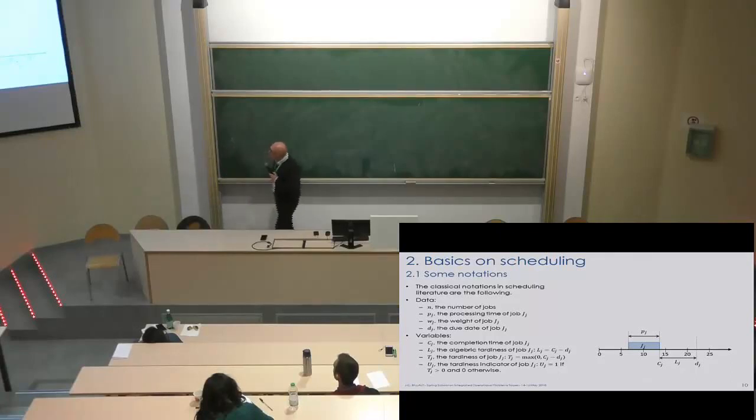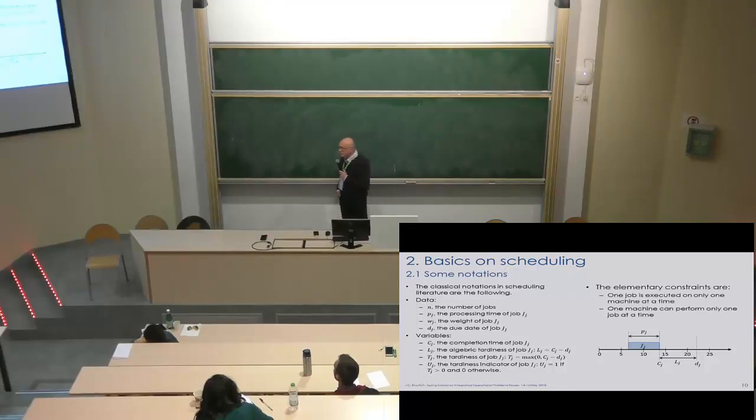We have the lateness, Lj, the algebraic tardiness of job j, the difference between the completion time and the due date, the tardiness, which is the maximum between 0 and this quantity, and Uj, which is a Boolean indicator, which is equal to 1 if the job is tardy and 0 otherwise. These are the most common variables in scheduling problems. Of course, we can imagine other variables, but for the basics on scheduling, it's enough.